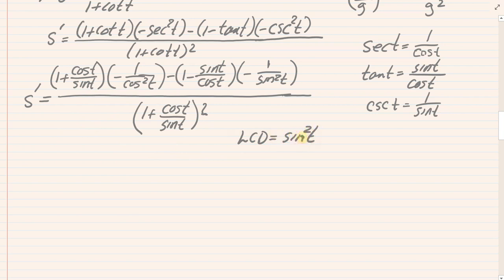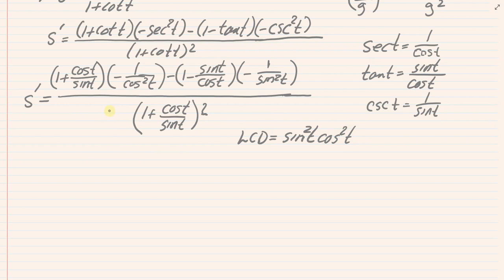That's from the denominator, this one, because it's squared. And that will cover this denominator, and of course, clearly sine t is in sine squared t. And then for cosine, I have cosine squared here. That's cosine squared t.